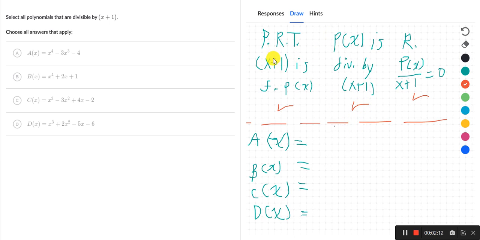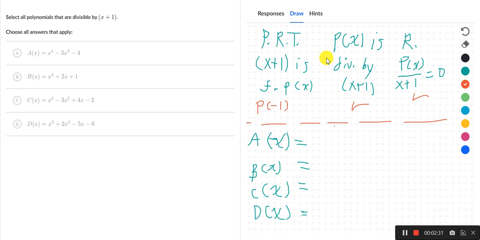Taking the polynomial remainder theorem, we know that for all of these cases, p of x is -1.